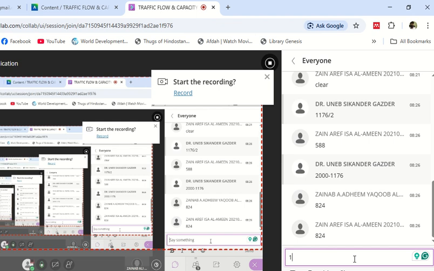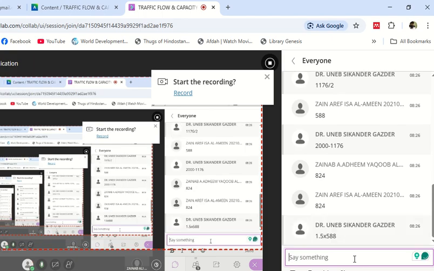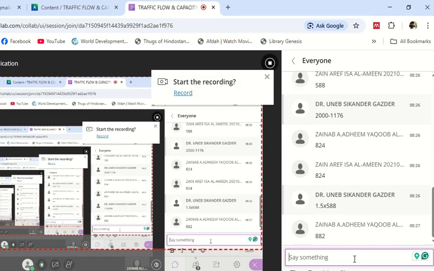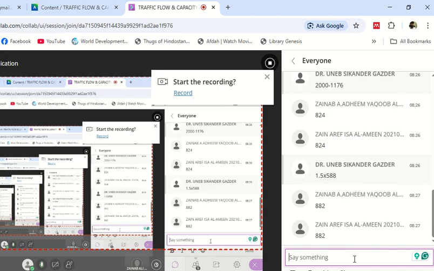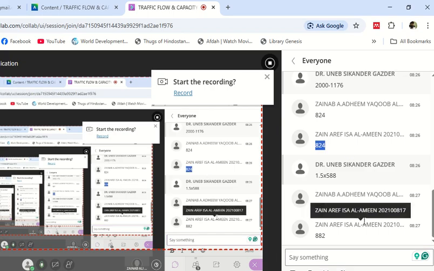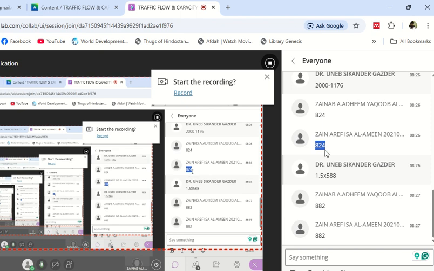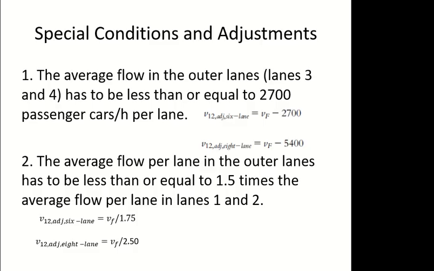So 1.5 times 588, how much is that? Yes, you have 882 here and your outer lane flow is 824, so it is less. The outer lane flow is less than 1.5 times the inner lane per lane flow, so we satisfy this check.